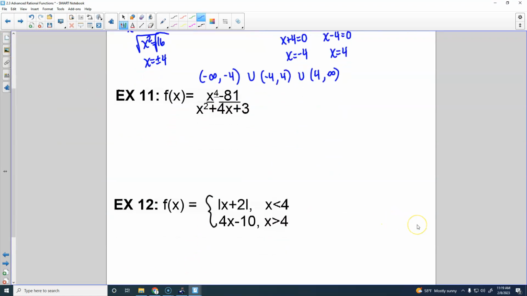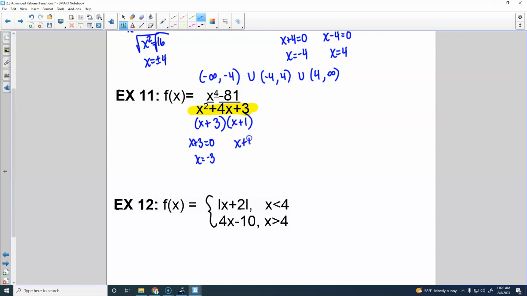Okay. So for 11, again, we only care about the denominator. We are going to factor that. So x plus 3, x plus 1. And we're looking for where those equal 0. So x plus 3 equals 0 at -3.